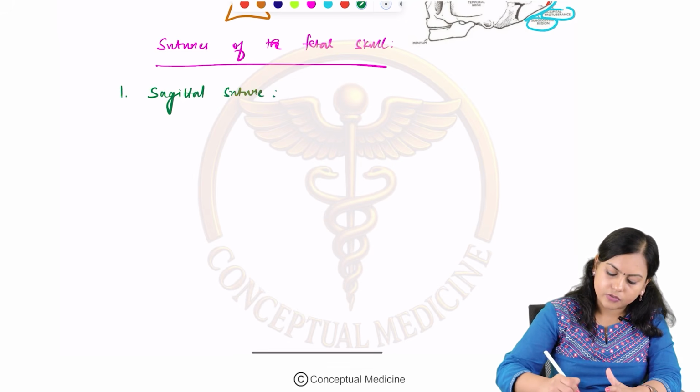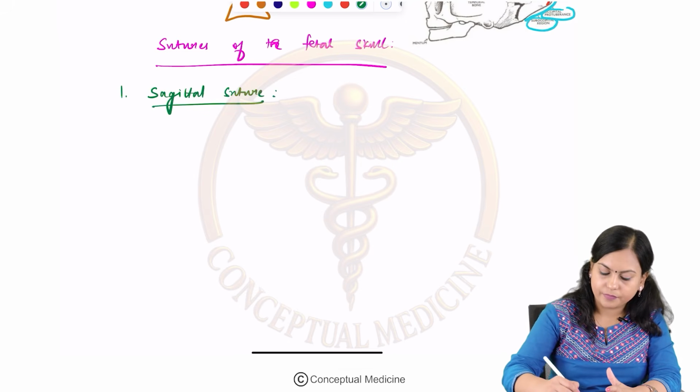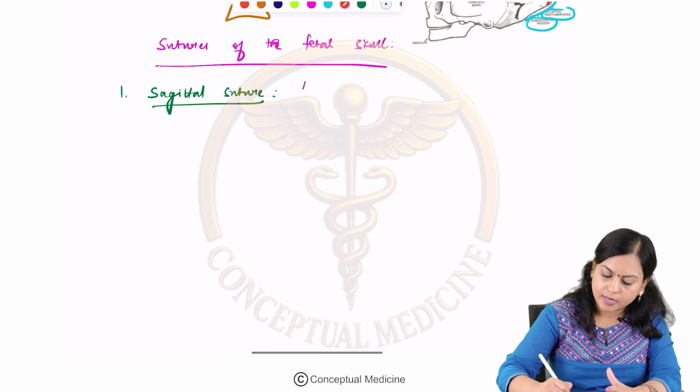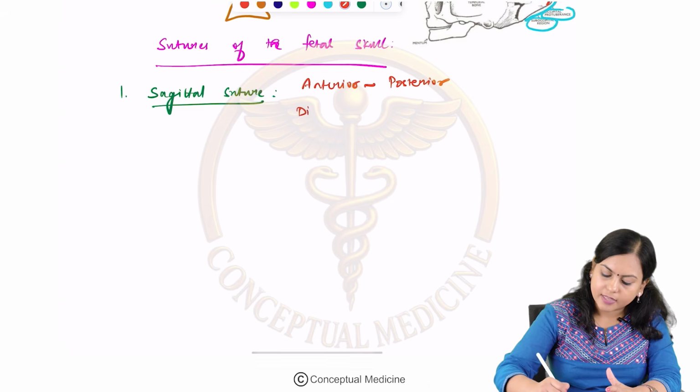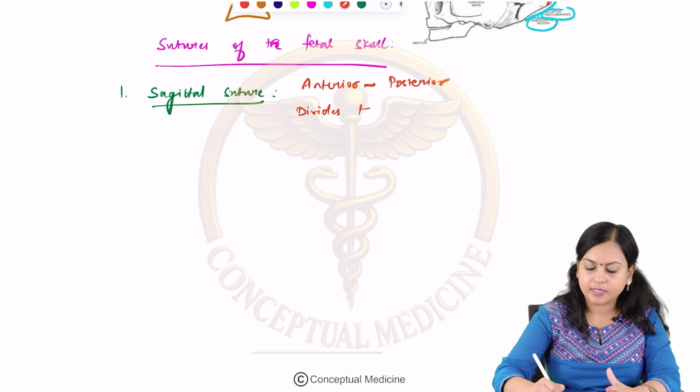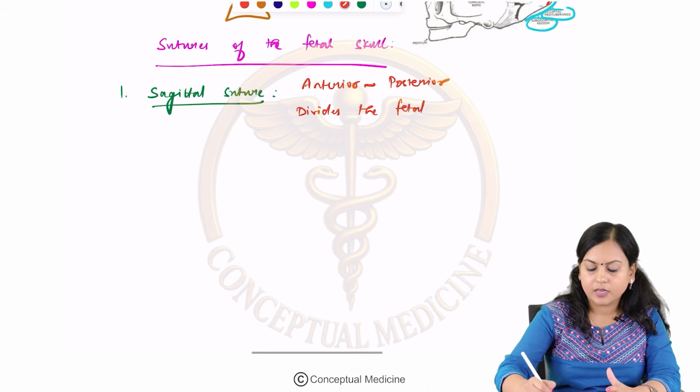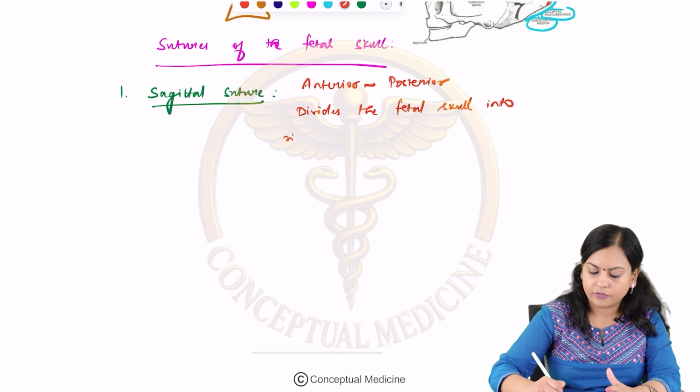The sagittal suture runs from anterior to posterior, and it divides the fetal skull into right and left halves.